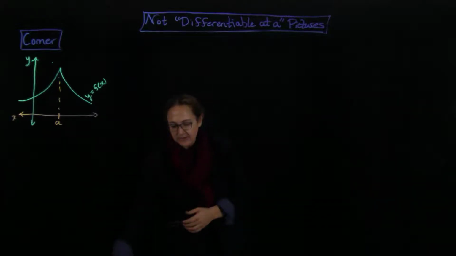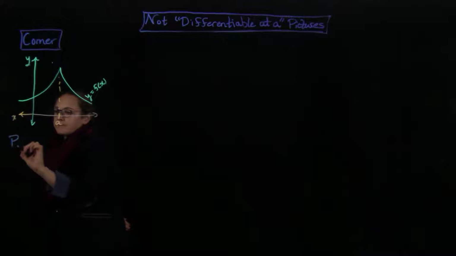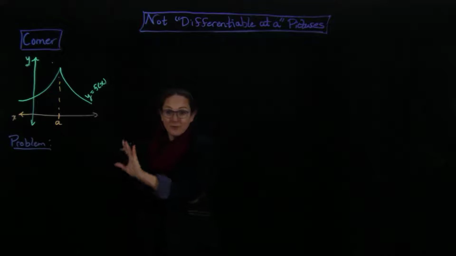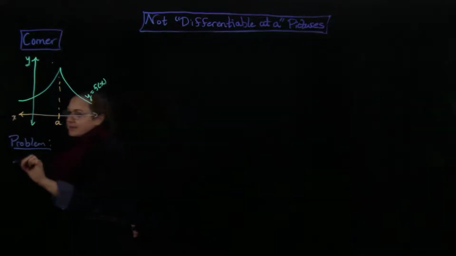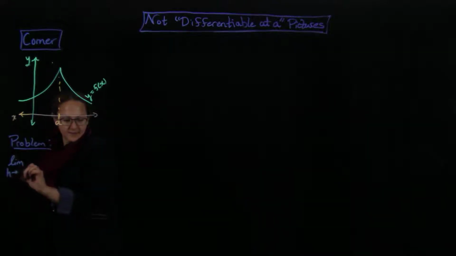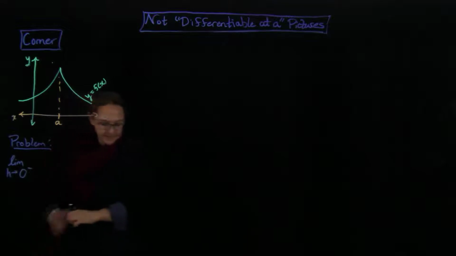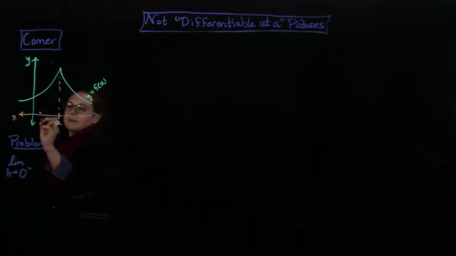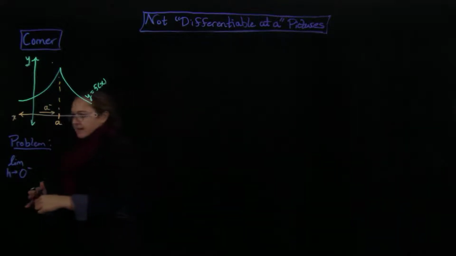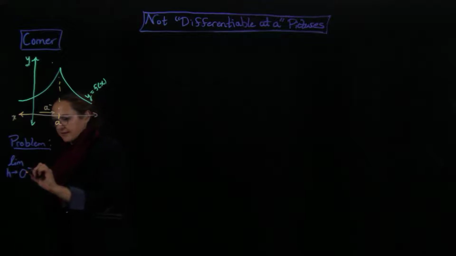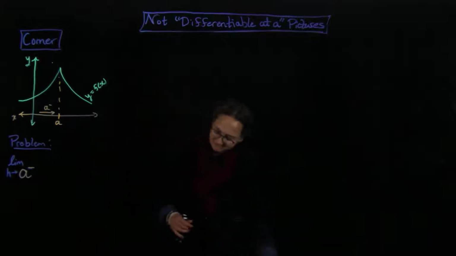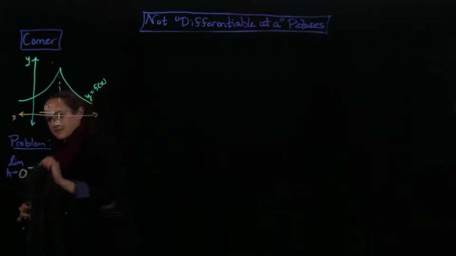But let's write out the problem a little bit more formally. So what is the problem here? Formally, if I take the limit from the left-hand side, so if I'm coming in from this side, this is what I mean when I say I'm taking the limit from the left-hand side at this particular value a, so as h approaches 0, that was actually the correct thing to say.